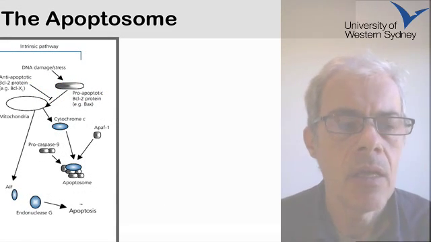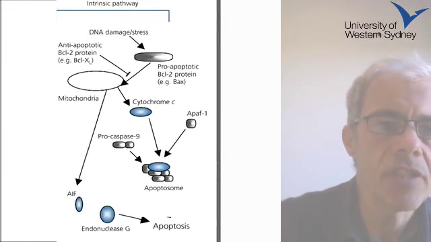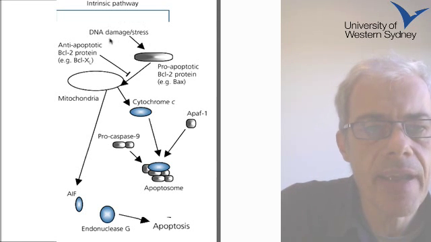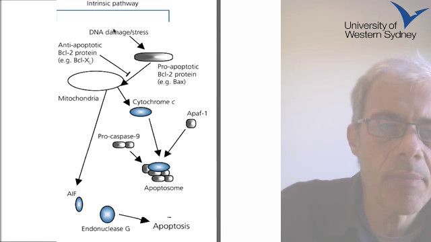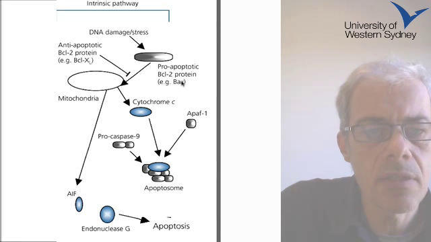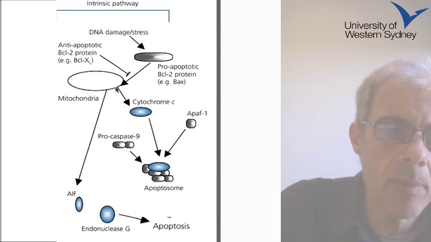There's a diagram from the textbook here showing intrinsic apoptosis. So there's some internal effect in the cell, some internal damage or stress that occurs in the cell, and this causes a pro-apoptotic protein such as Bax to move to the mitochondria membrane.